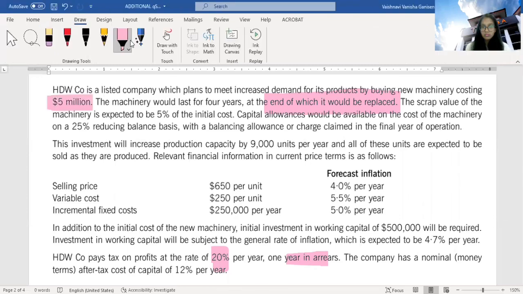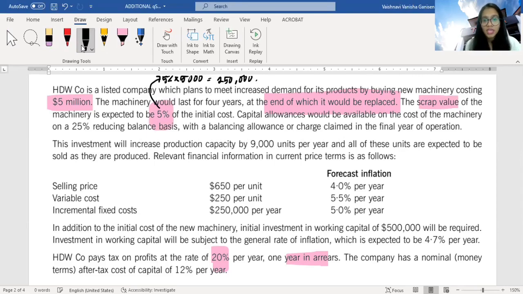So remember, I was telling you that in terms of working capital, the machine replacement or asset replacement would carry a huge impact in how you answer the question. The scrap value of the machine, so it's talking about scrap value here, is expected to be 5% of the initial cost, which is, okay, 5% multiplied by 5 million, about, if I'm not mistaken, 250,000, right?